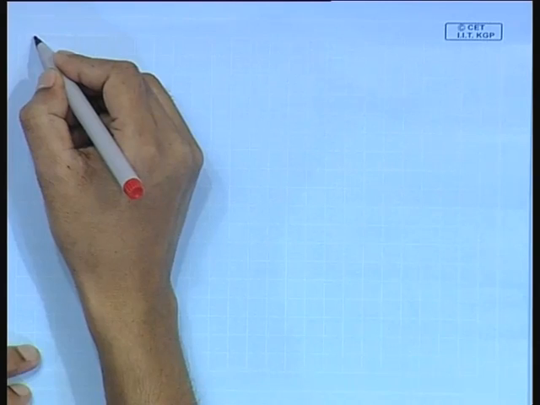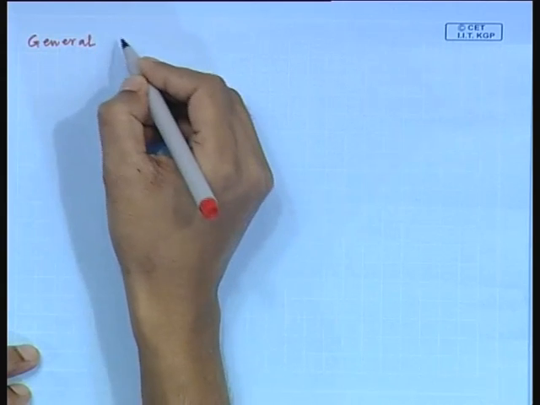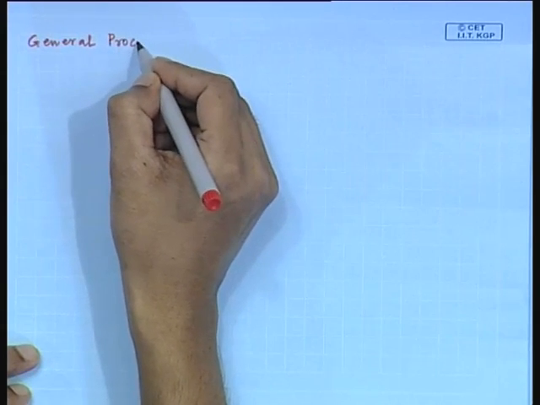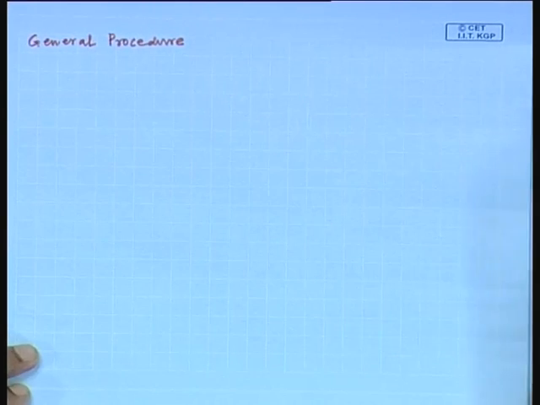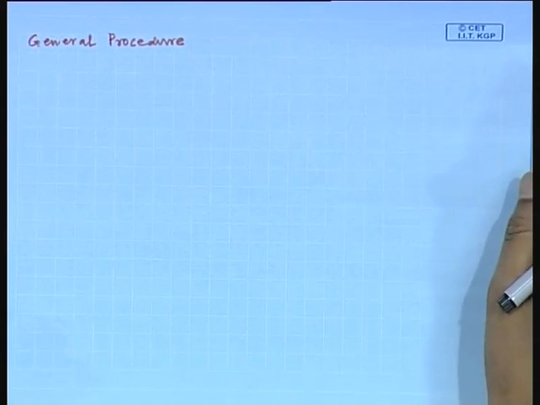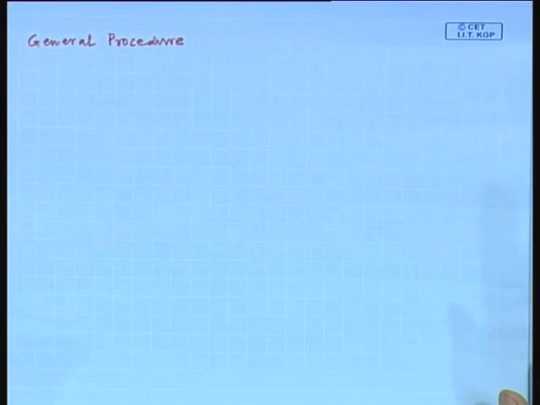Next, we will discuss the general procedure for finding the frequency response. First, we will discuss in a general way, then we will take a few examples to find or analyze the frequency response.